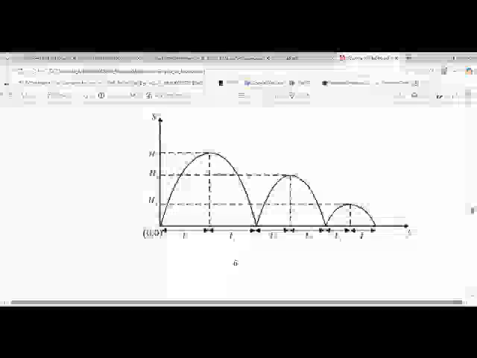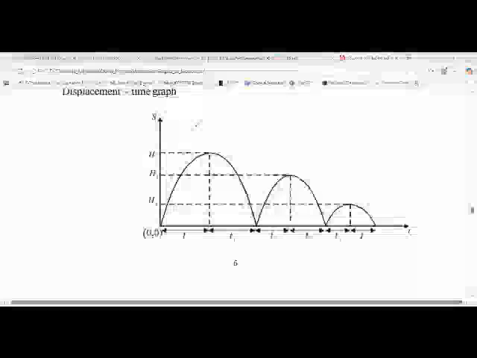Let me focus on the displacement time graph. Here you can see it is projected vertically, coming back, and rebounds again.